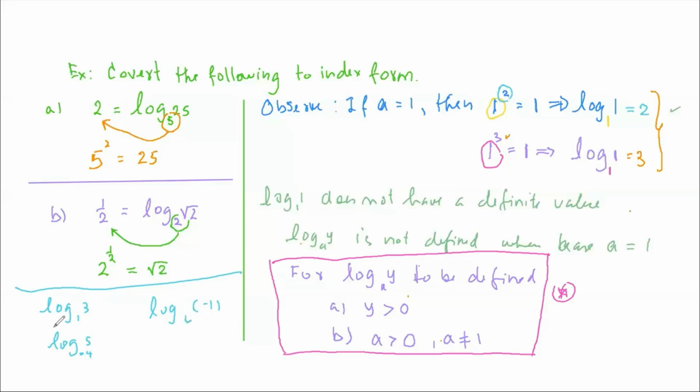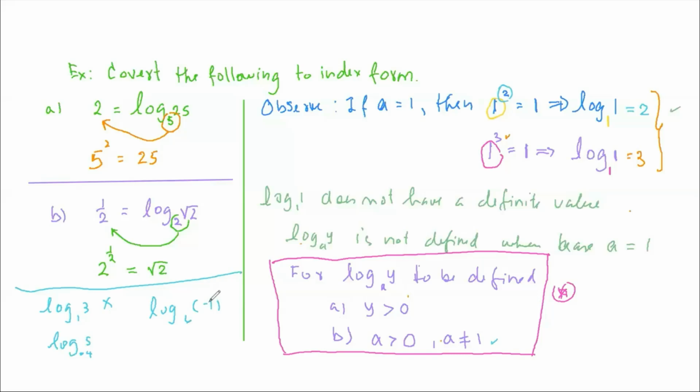Okay, so you can see this example in a lot of detail here. Example, this log 3 base 1, right? And then a is not equal to 1, so we have this and the base becomes 1. So this is undefined.